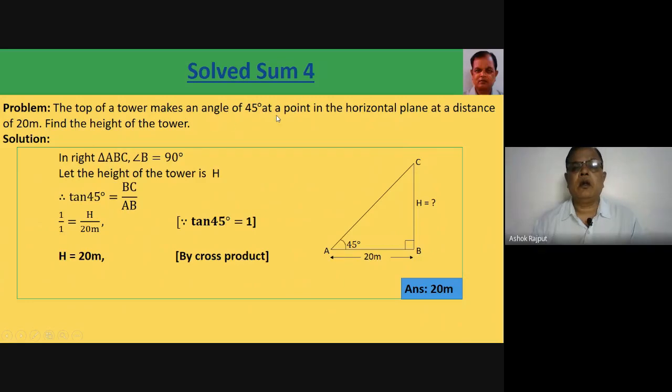Now we are going to solve the next question, so we will try to understand. The next one is: a ladder of length 30 meters is placed against a wall such that it just reaches the top of the 15-meter high wall.